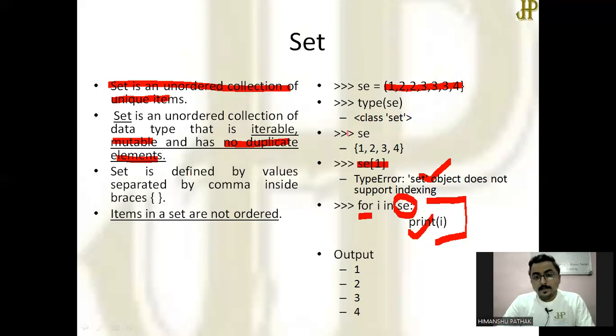But when I try to print the value, a single value is printed for 2 as well as single value 3 is printed. So in set, duplicacy is not allowed. So three things you have to remember in set. First one is it is iterable. Second one is it is mutable. And third one is it can store only unique items.